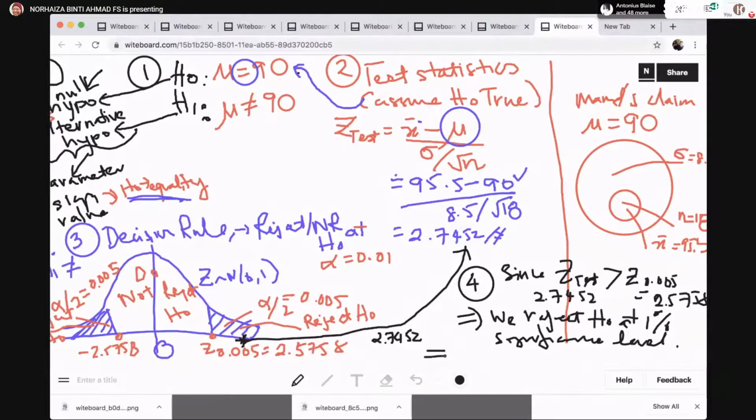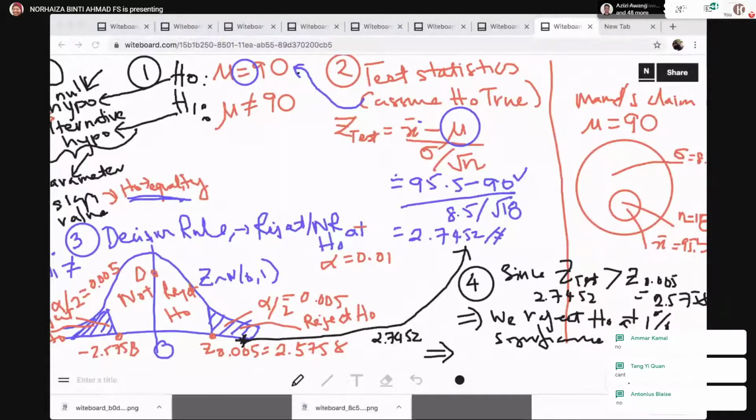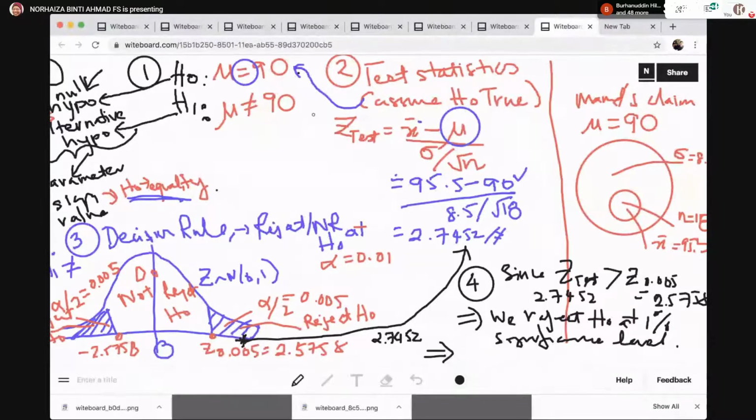Can we support the manufacturer's claim? Cannot. Because the claim in this case is here, so H naught is the claim.